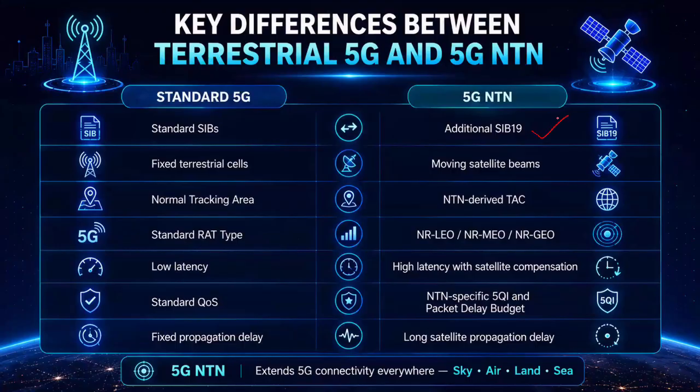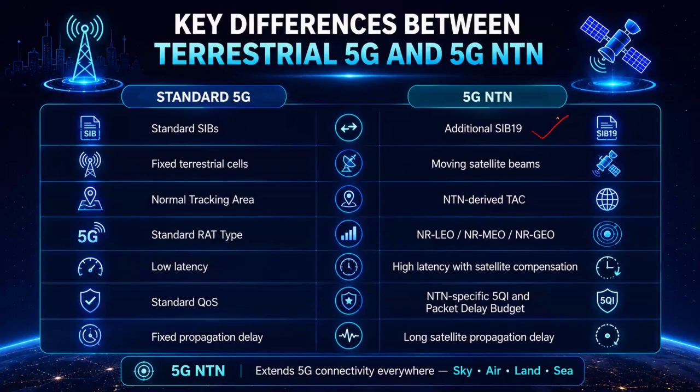Why? Because we need various kinds of information like satellite ephemeris, timing compensation, beam information, cell parameters, all these things, right? SIB 19 is one of the biggest additions introduced for NTN because the user must understand satellite movement and timing before connection.